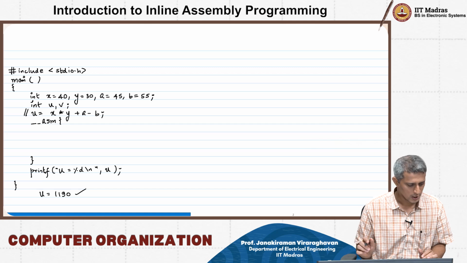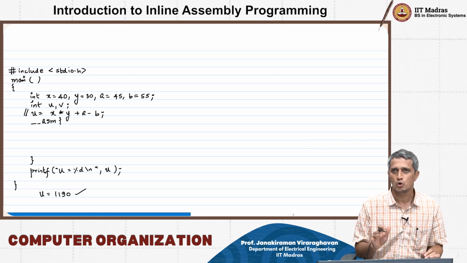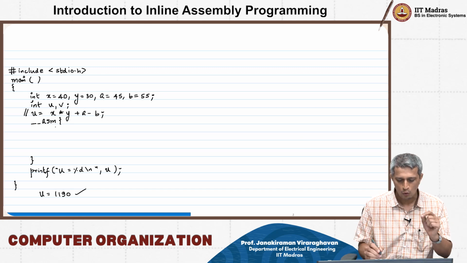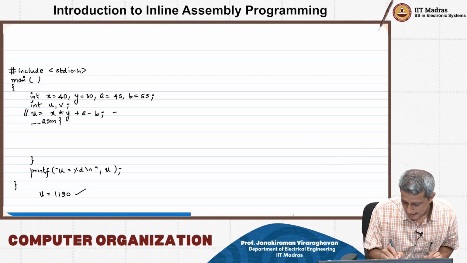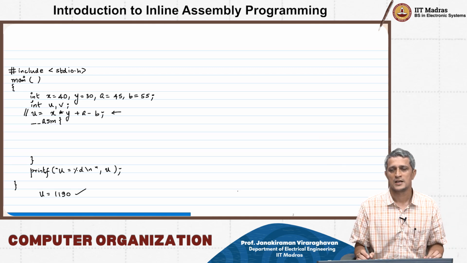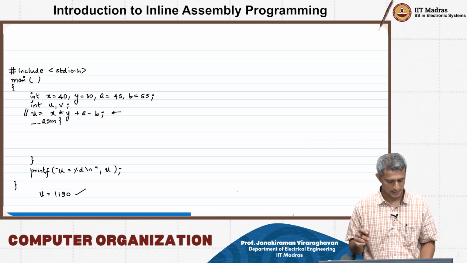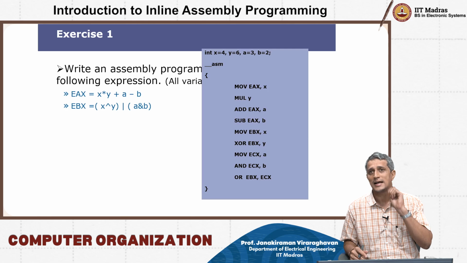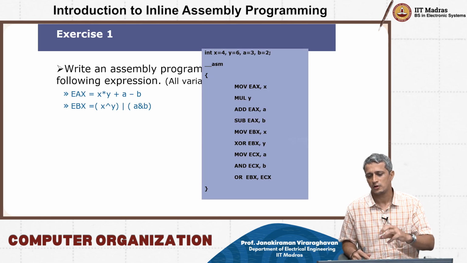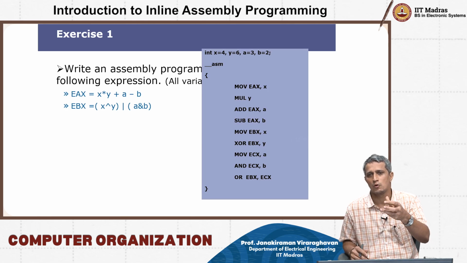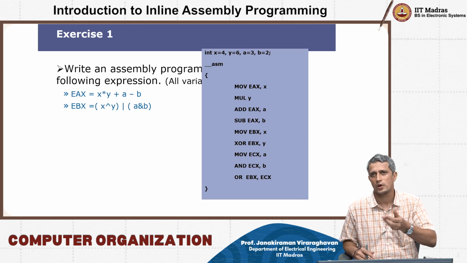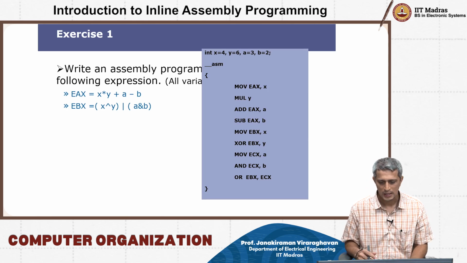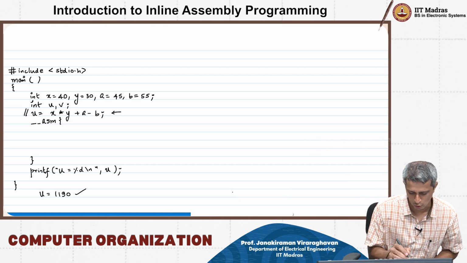That's not going to work, so don't do that. Instead, you are going to write the equivalent of this statement in assembly language. That is exactly what you saw last week, when you went from int x equal to 4 to __asm and started writing assembly code.